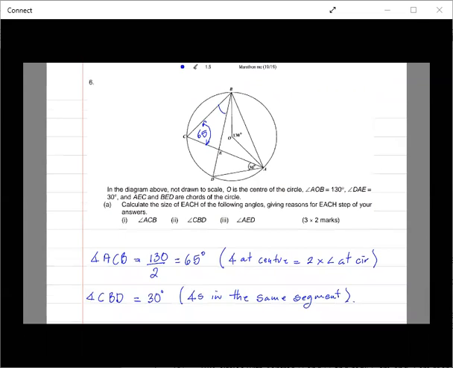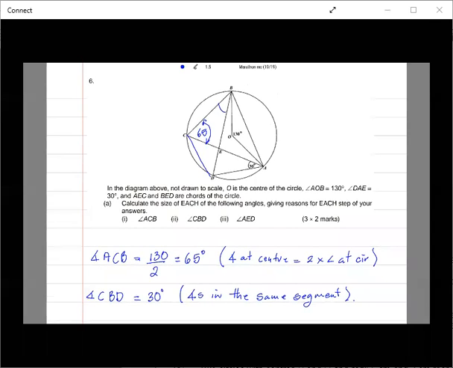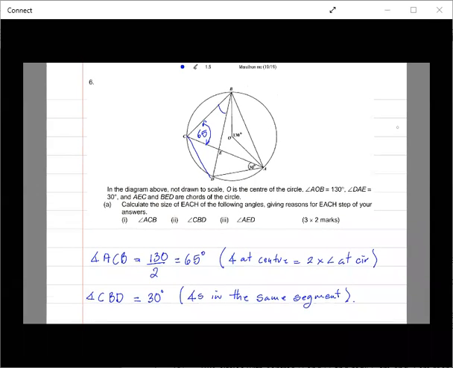Now, if there was a line connecting C and D, that would be a chord. I'm just trying to erase it so that I can draw a better one. If you had a line connecting C and D, that line is called a chord.